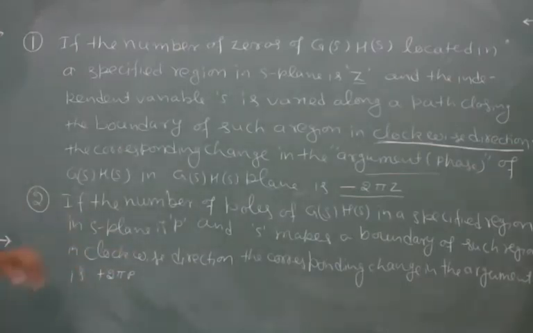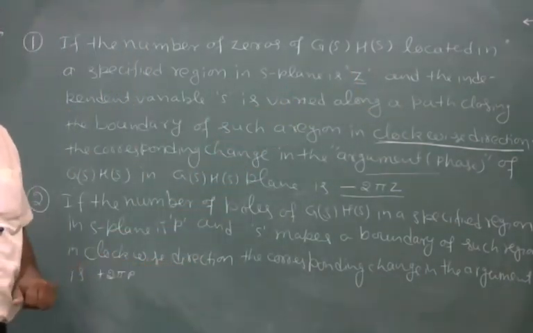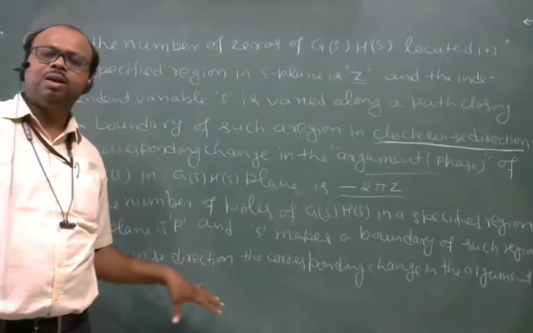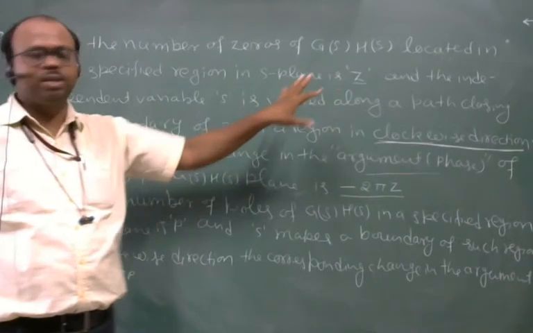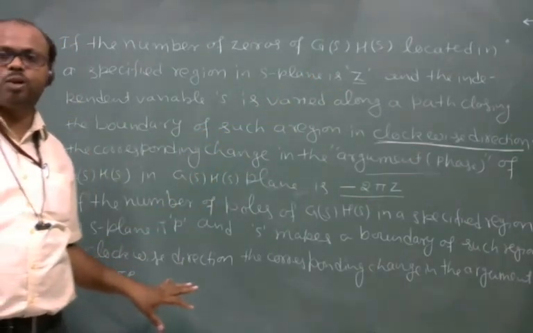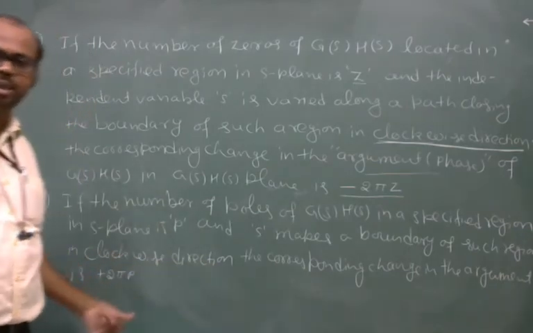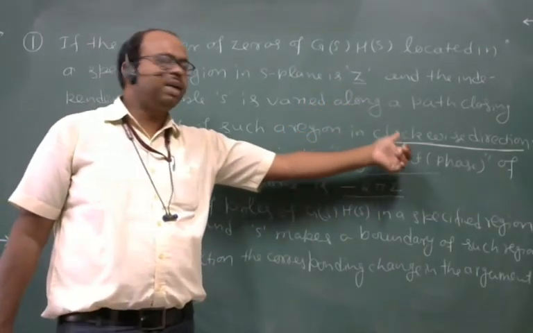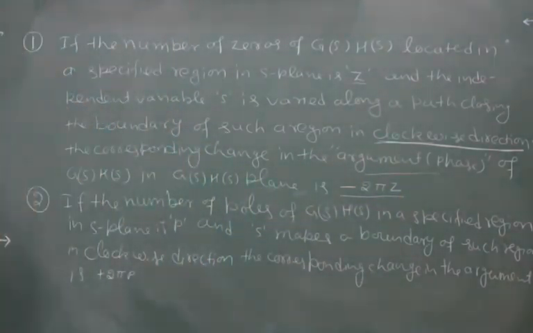It is possible because here we are considering zeros and here we are considering poles. Zeros give positive phase, poles give negative phase, and a negative phase in clockwise direction makes this positive. So the angle will be plus 2 pi P, right?